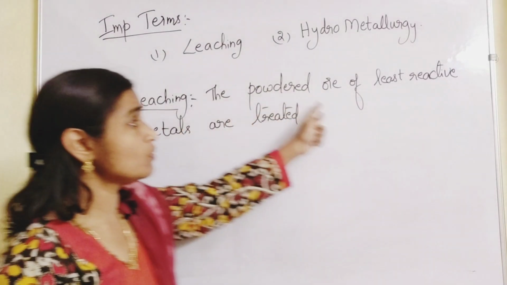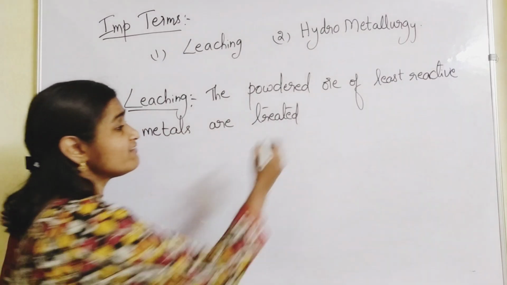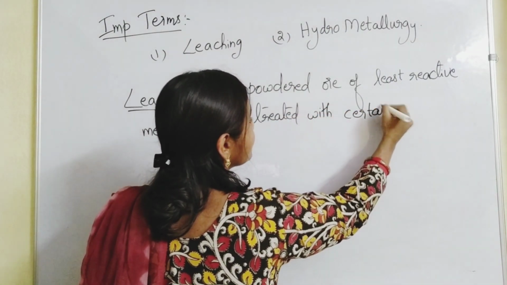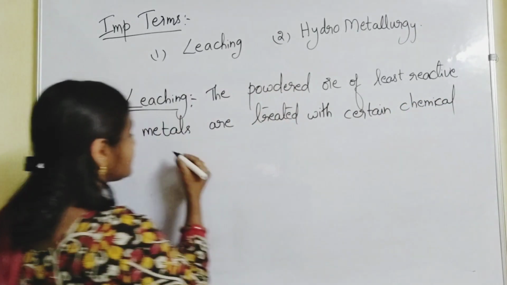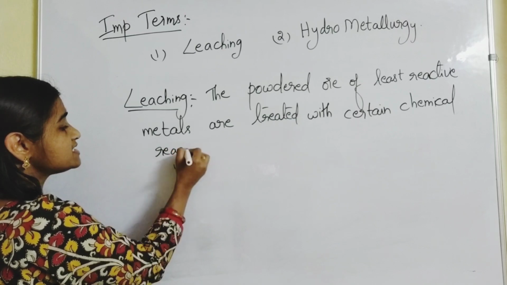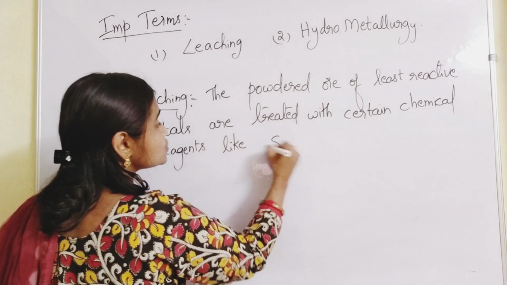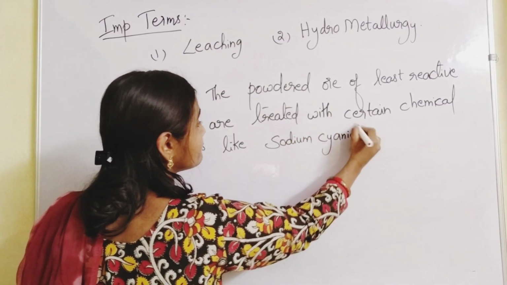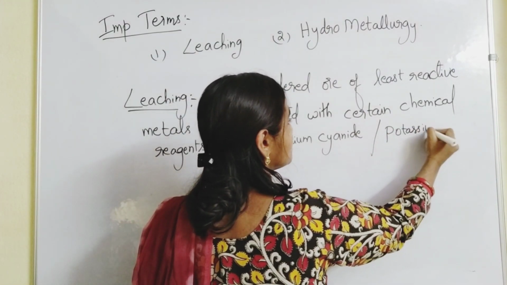The powdered ore of what? Least reactive metals are treated with certain chemical reagents. Please remember these words. Chemical reagents like what? Reagents like sodium cyanide, or sometimes potassium cyanide also you can use.